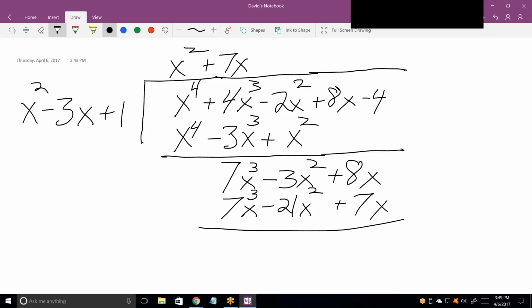Oh wait, no. The tendency is to drop negative signs. So the way to do this is always to do it like this. That way you have not dropped a negative sign, and now you can absolutely do the problem. That would actually be 18x squared, not 24.